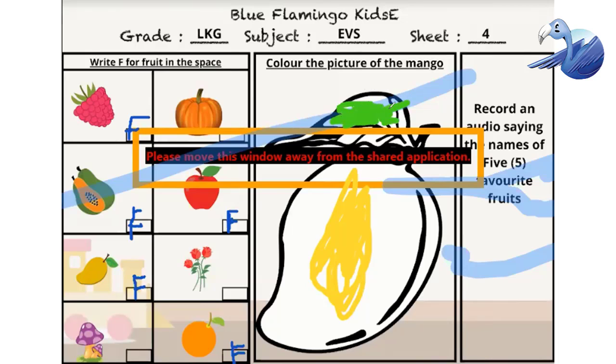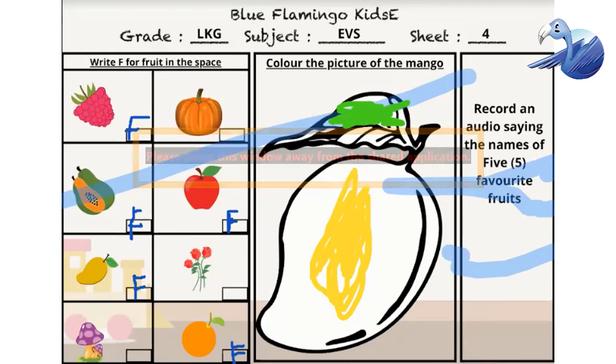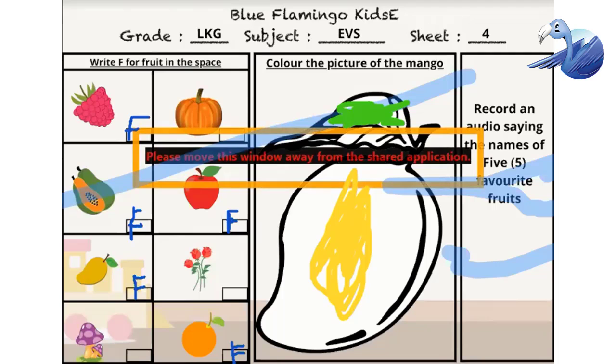Okay, students. And you have to record an audio saying the name of 5 favorite fruits. Your favorite 5 fruits name you have to record and share with us. Okay. So for example, I will record like my favorite fruits are apple, mango, papaya, strawberry, and pineapple.